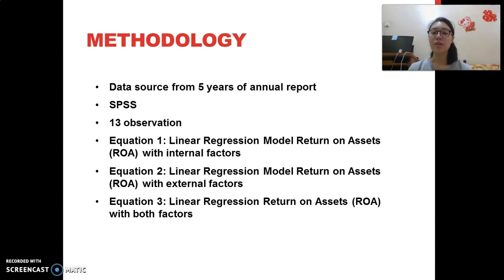The internal factors are ROA, ROE, current ratio, quick ratio, average collection period, debt to income, operating ratio, and operating margin. The external factors are GDP, inflation, interest rate, exchange rate, and corporate governance index, and I will use these factors with these 3 equations.